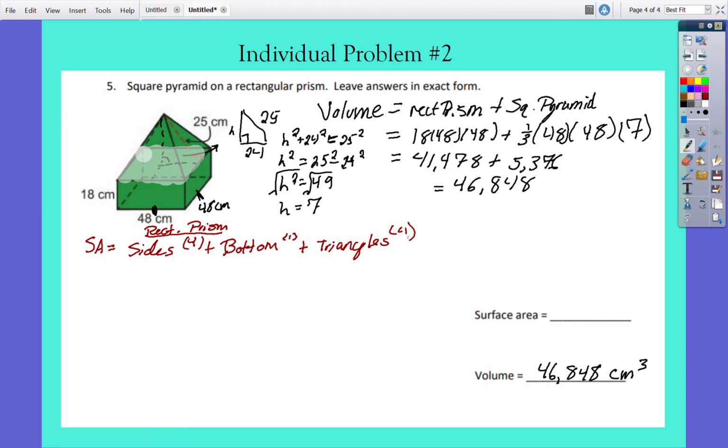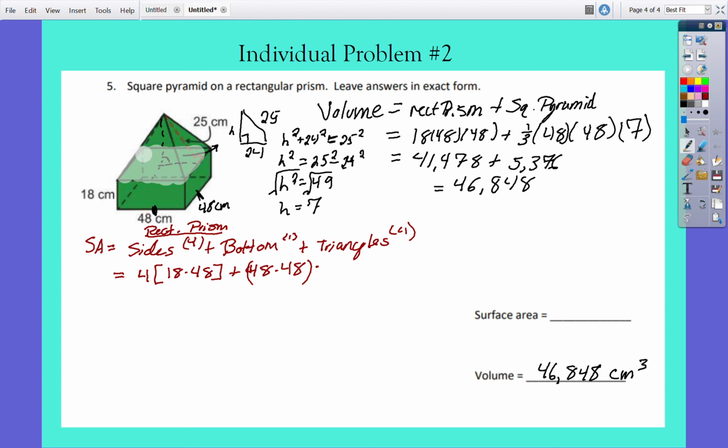Now I'm going to rewrite all of this, but with the numbers. If we look at all of those rectangles, we already said those are all 18 by 48 rectangles, and we have 4 of those. So I'm going to put the 4 out front. The bottom, we only have 1 of these, so we have a 48 by 48 square. I'll put that in parentheses.